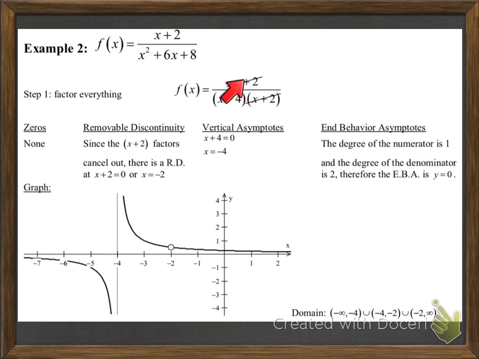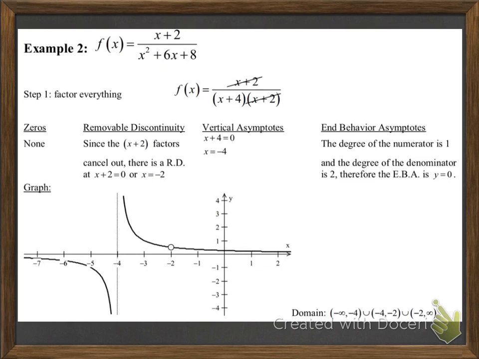The value of x that makes that factor 0, that is where your removable discontinuity will occur. So in this case, -2 would make this factor equal to 0. So x equals -2 is your removable discontinuity.